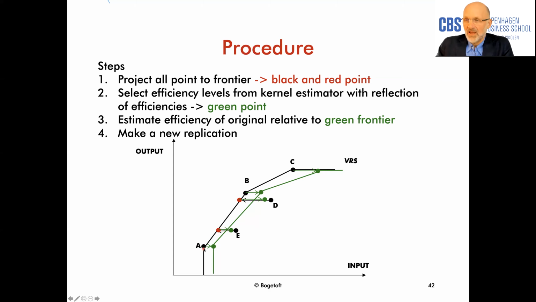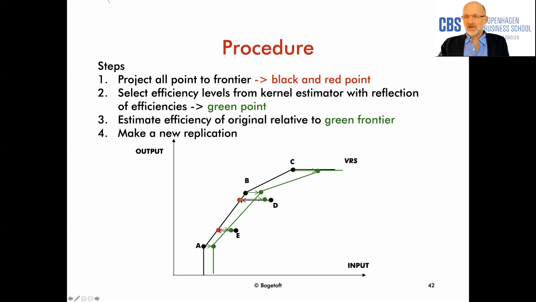So for example, for A, it's relatively close, so it means that you picked a value from the kernel estimator which is a high value. Maybe the efficiency of this guy that you're going to observe is 0.9 or 0.95 or something like that.